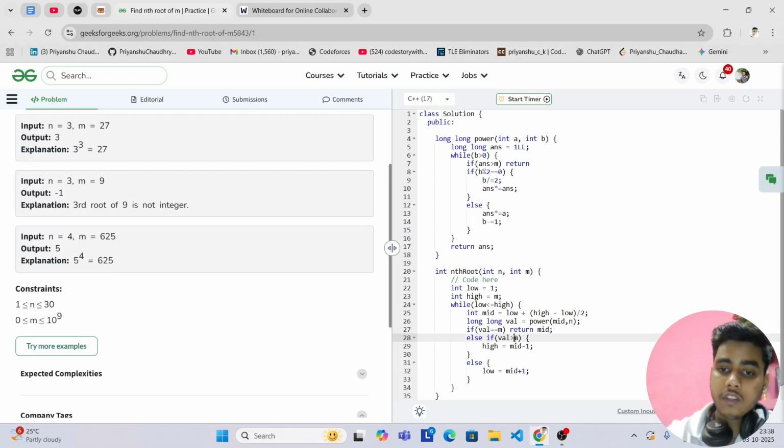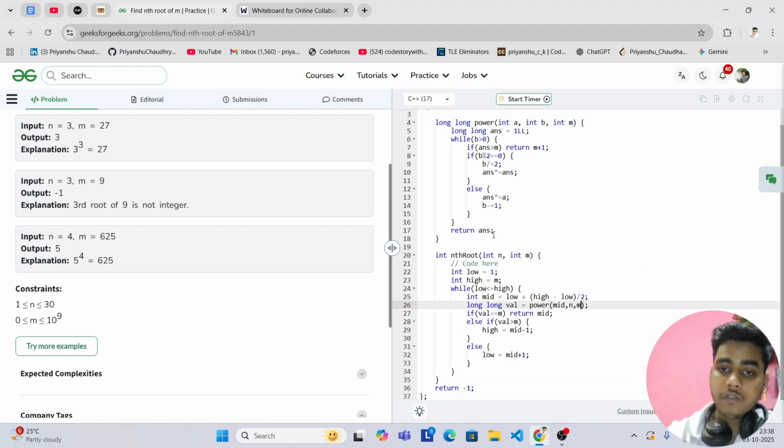So the value should be greater than m. So I can just simply return m plus 1. Alright, and I should also pass m here, int m, and here I will pass m.